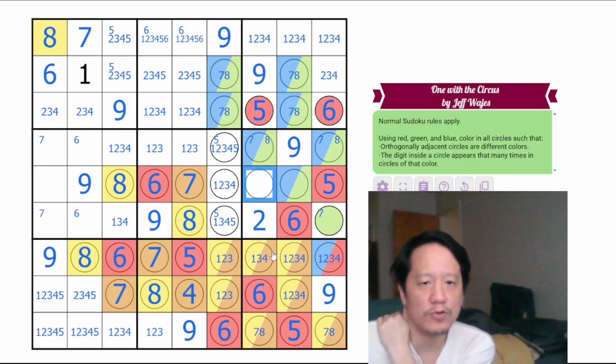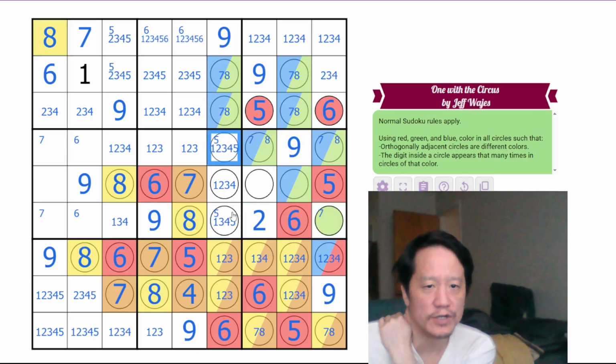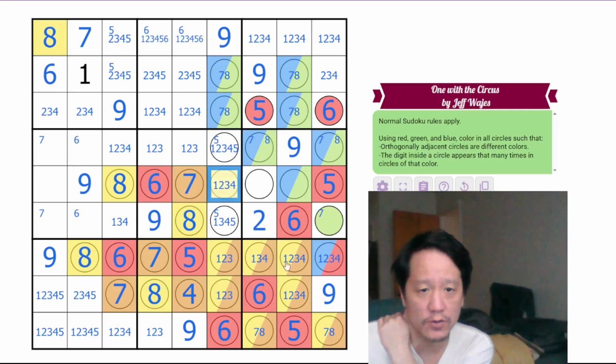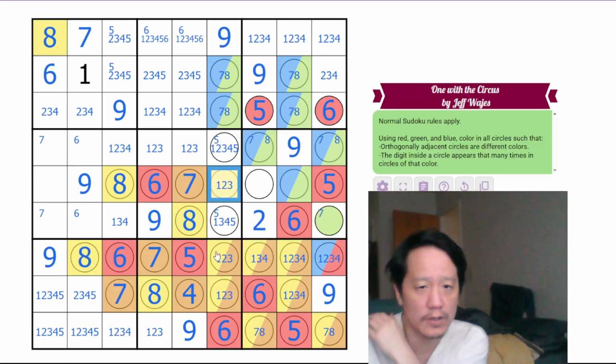This could be 1 as a red. You know, 5 has to be red, so one of these is red. So this cannot be red. It cannot be orange. This has to be yellow, which 4 cannot be.